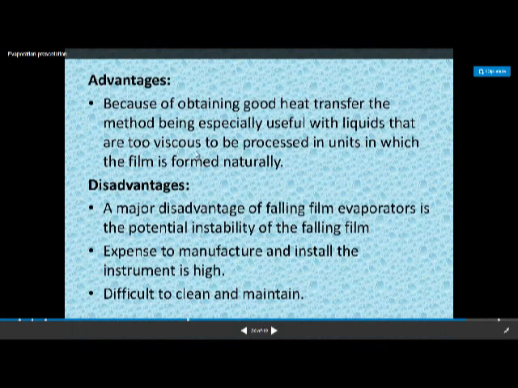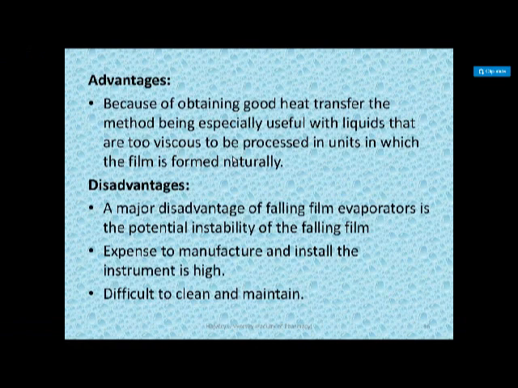As the liquid comes in the downward direction because of gravity, viscous liquid can come down with the gravitational force. So this method is suitable for viscous liquids.